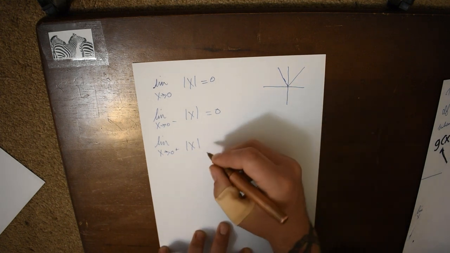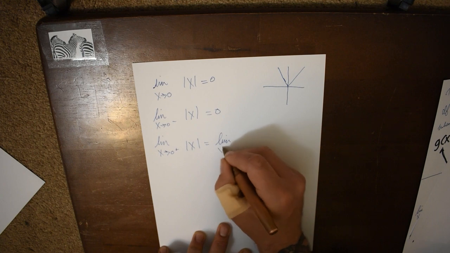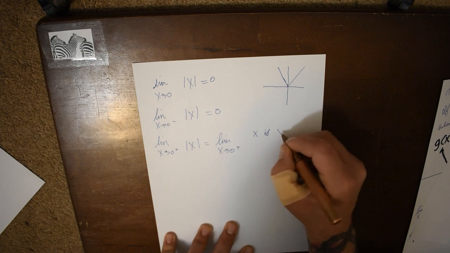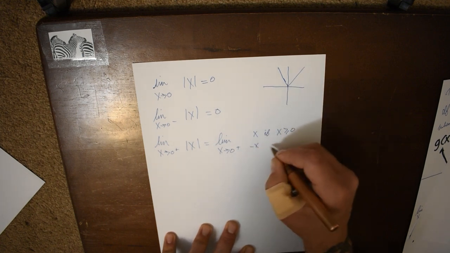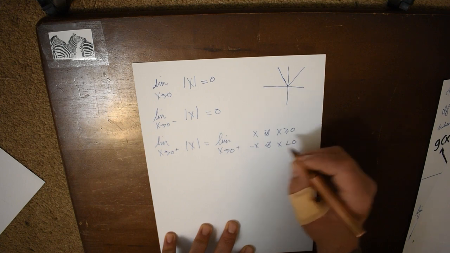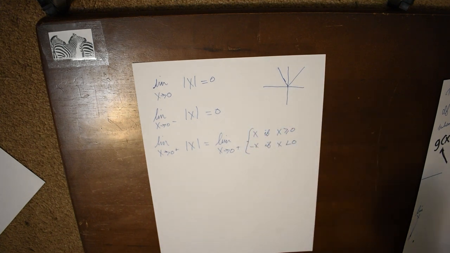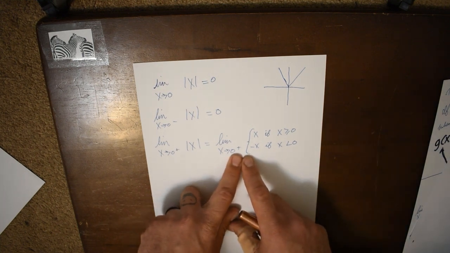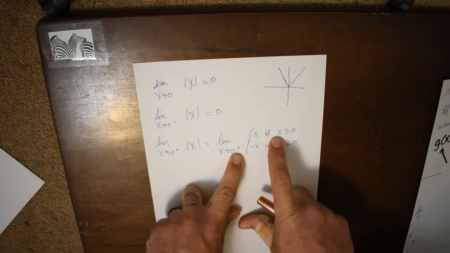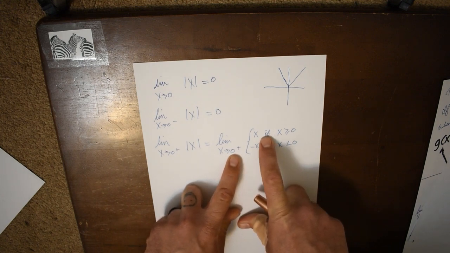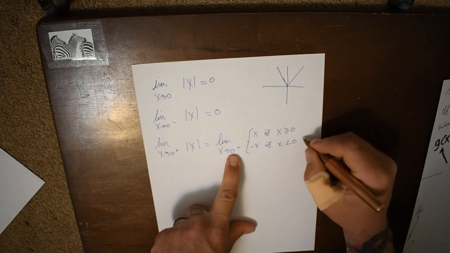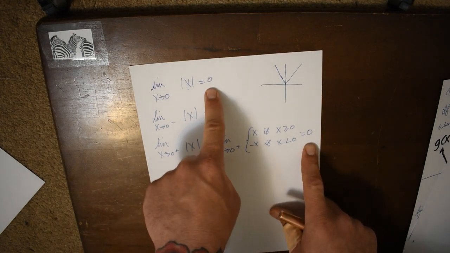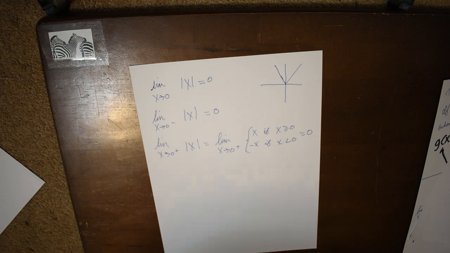Well, the definition of this function is x if x is positive, or negative x if x is less than 0. Well, as we approach from the right, x is always going to be positive, but it's getting smaller and smaller and smaller, so we're going to 0. Since the limit from the left matched the limit from the right, we were able to show that that limit was in fact equal to 0.